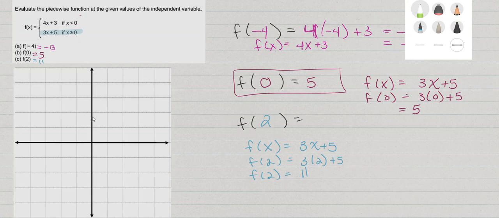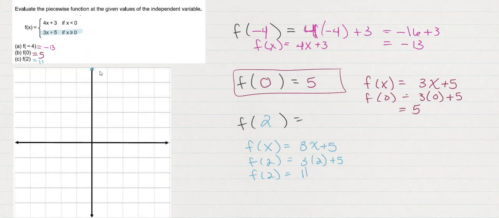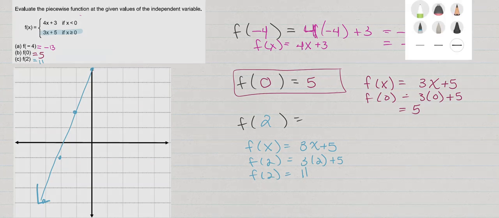We'd go up 5, 1, 2, 3, 4, 5, and then from there we could go down 3 and left 1, down 3 and left 1, down 3 and left 1, and so on. So up until the point where x equals 0, we follow this blue line.